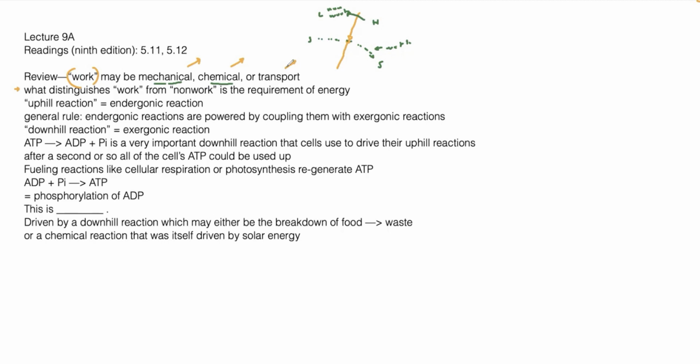Dehydration synthesis is a good example of chemical work because it's endergonic, whereas hydrolysis, like making two monosaccharides from a disaccharide by breaking it apart, would be chemical non-work because we don't need to throw energy at the process. It yields energy, and therefore it doesn't require an input of an energy source, right?